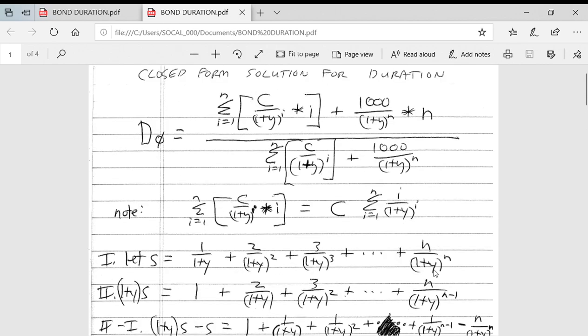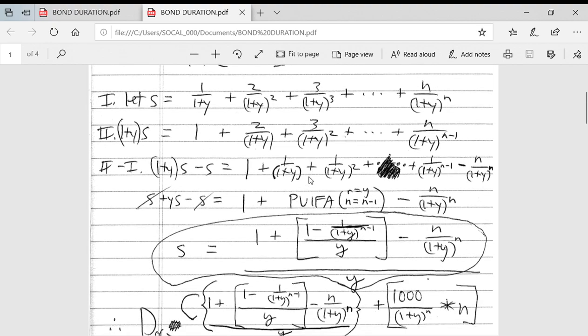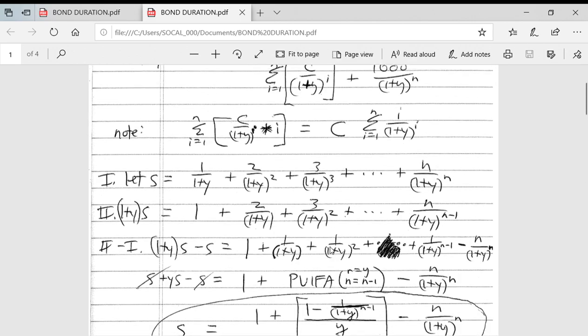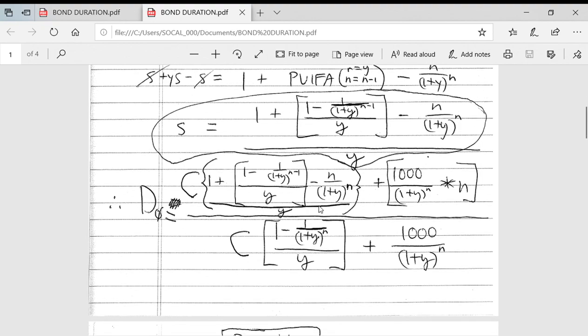And then in the denominator, we have, again, we've pulled the c out. So we have c times the sum of 1 over 1 plus y to the i. We know what that is. For i equals 1 to n, not infinite. So we pull the c out, we get the sum for i equals 1 to n of 1 over 1 plus y to the i, and that's going to be a PVIFA.